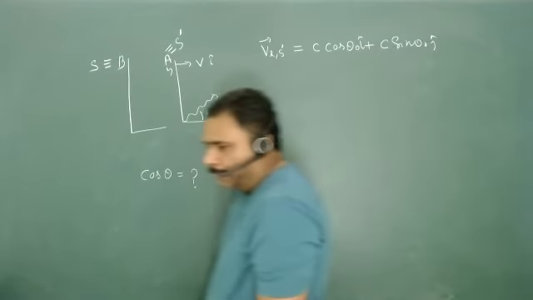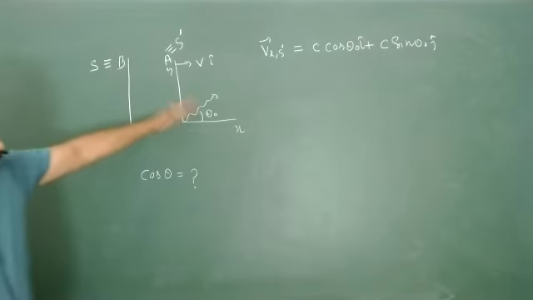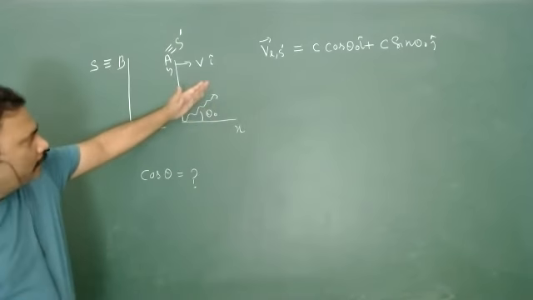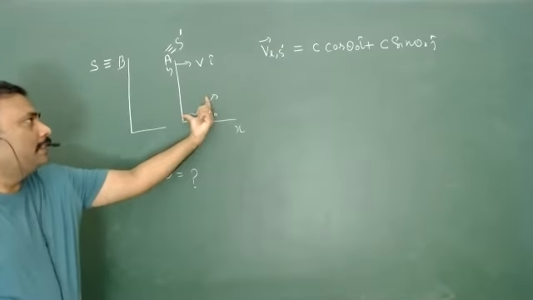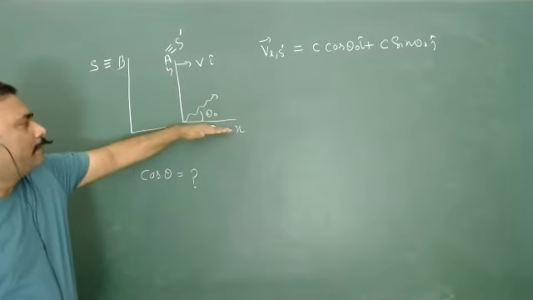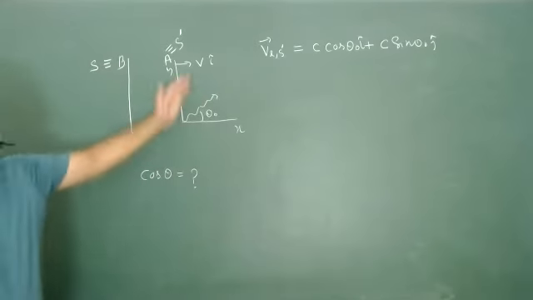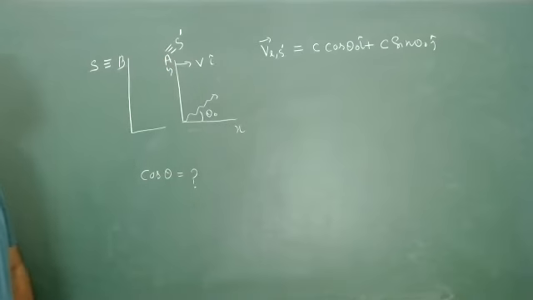Are you comfortable up to this? Can I write this thing like this? Yes, sir. I can resolve this particular velocity, because the magnitude is always C. The magnitude of light is always C. I can resolve it in the direction of X and in the direction of Y. So we can resolve these two things.